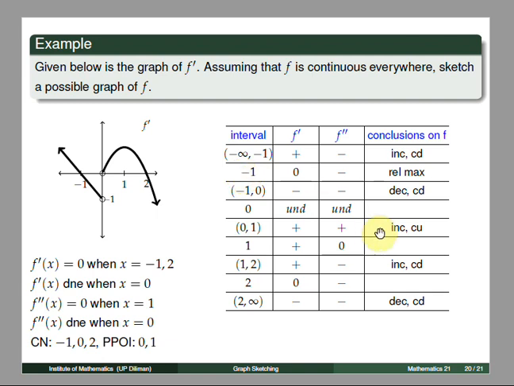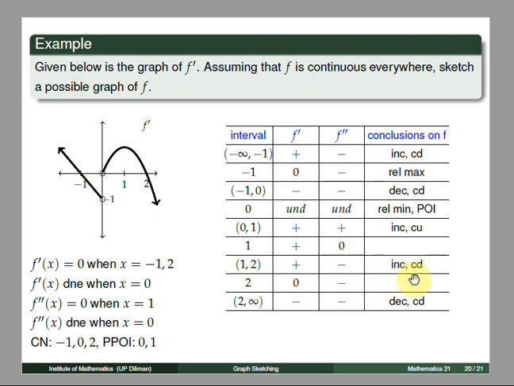That's nice. Now, from here, decreasing to increasing, we have a relative min, and also a possible point of inflection, because we have changed from concave down to concave up. So at x equals 0, we have both a relative minimum and a point of inflection.